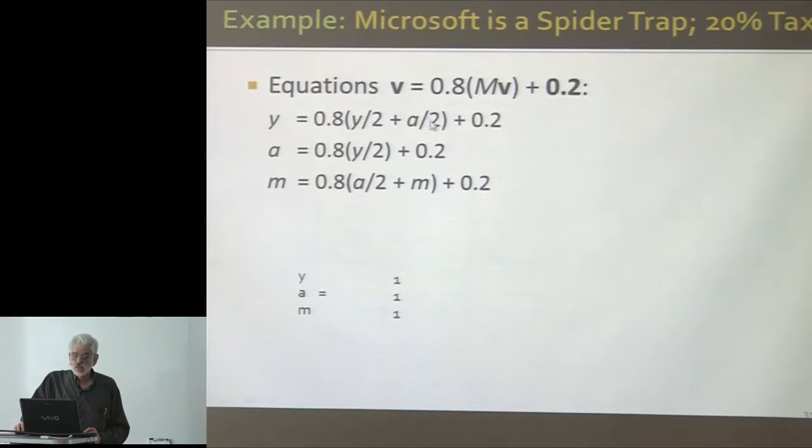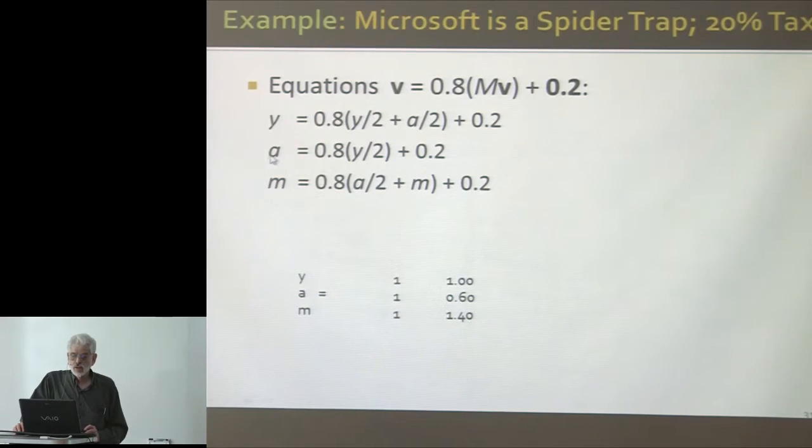Now it's those 2 values summed, but then multiplied by 4/5, because that's the part that isn't taxed away. And then we'll give Yahoo its share of the total tax, which would be 2/10. And so these are the equations, and I can show you what happens.